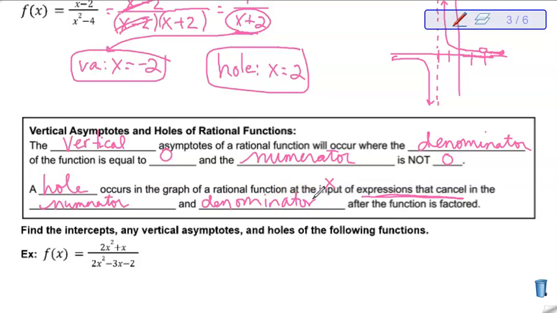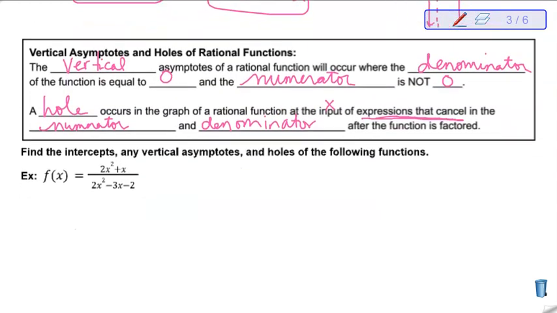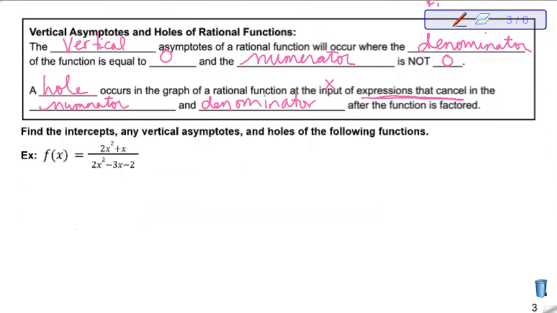So let's look at this next function here. Next function says we need to find the intercepts, x and y, vertical asymptotes, and any holes within this function. So the first thing you need to do is factor. Well, we've seen almost all the other kinds of factors except for this top one here. Don't forget that the first rule of factoring is to take out any common terms first.